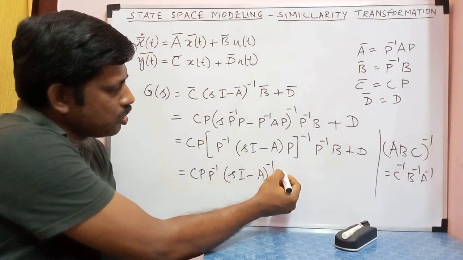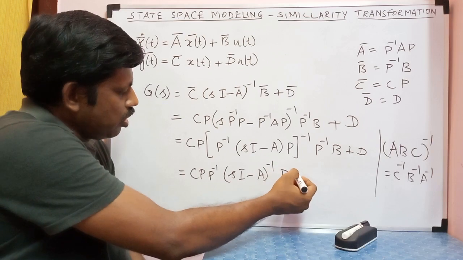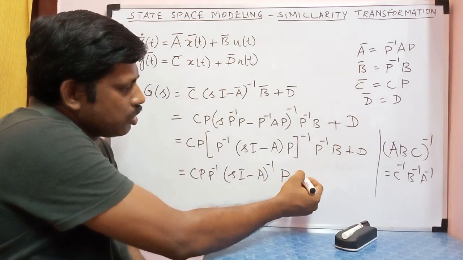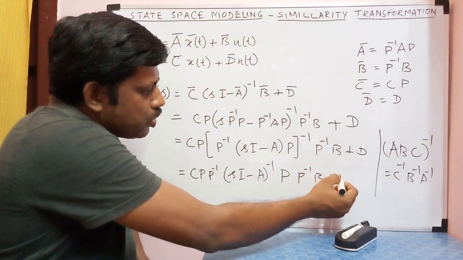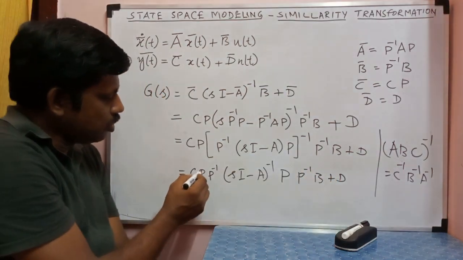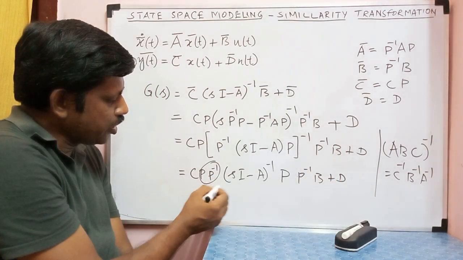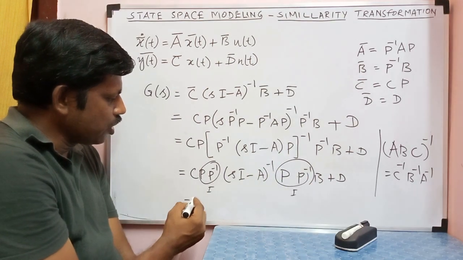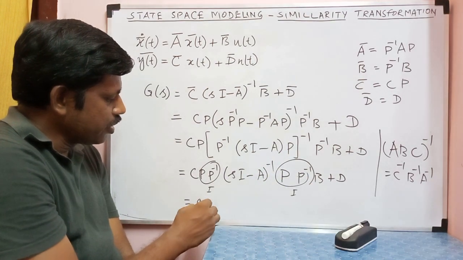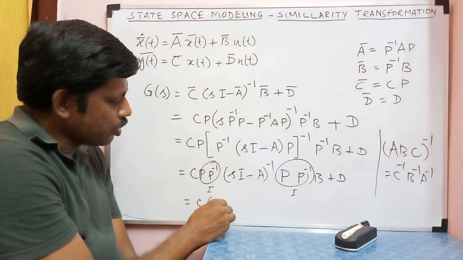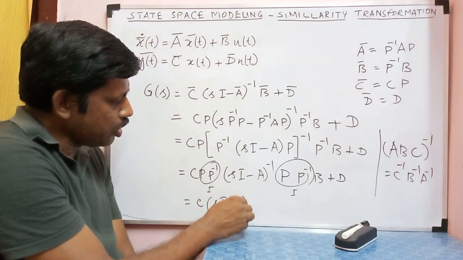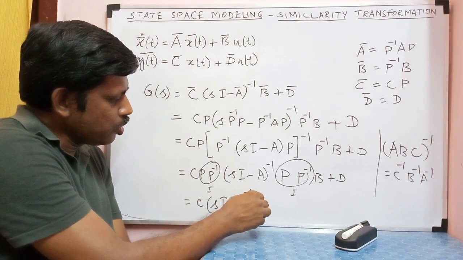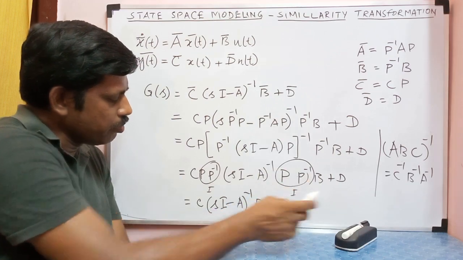Inverse of P inverse is nothing but P. And what remains here is P inverse B plus D. See, this becomes an identity matrix. This also becomes an identity matrix. So I can write it as C into (sI minus A) the whole inverse B plus D.